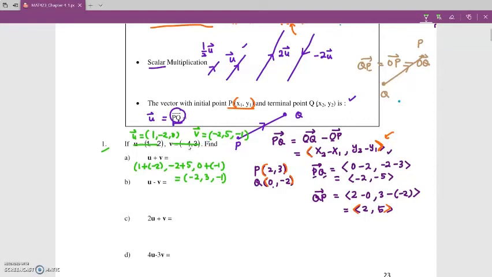We continue with question B, U minus V. You just subtract: 1 minus negative 2, negative 2 minus 5, 0 minus negative 1. So your answer is (3, -7, 1).